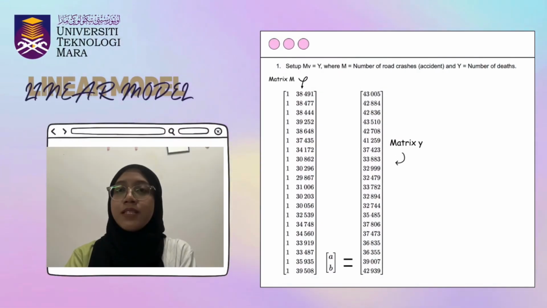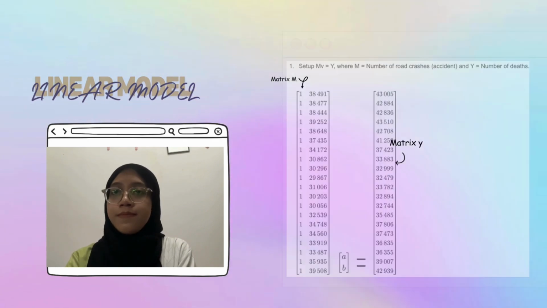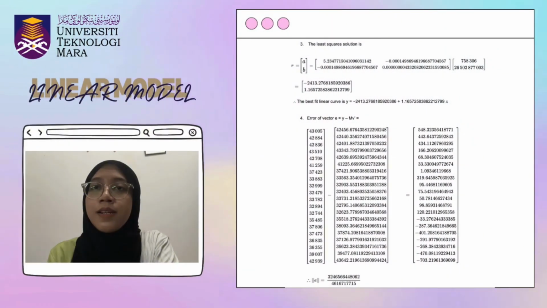After that, we can set up the matrix M with dimension 20 by 2 and Y with the dimension of 20 by 1. We calculate M transpose M, M transpose Y, and M transpose M inverse by using Maple. Next, we substitute the values into the least square solution to find the best fit linear curve.